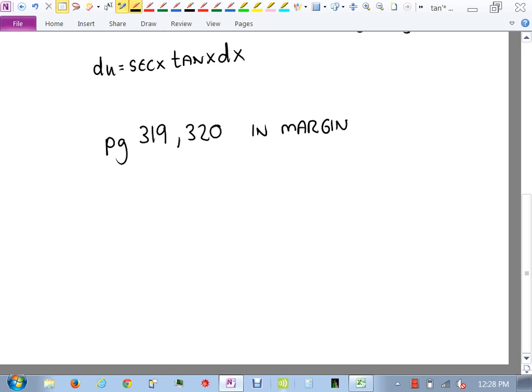Okay, 319, 320. If the power of cosine is odd, save one cosine factor and use the Pythagorean identity. If the power of sine is odd, save one sine factor and use the Pythagorean identity, and it gives you examples here. Then on the other page it says, if you've got secants and tangents, if the power of secant is even, do this. If the power of tangent is odd, do this. They're little hints, okay? So just FYI, they're there.